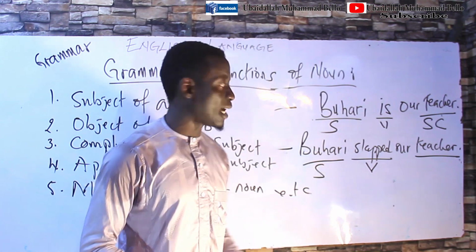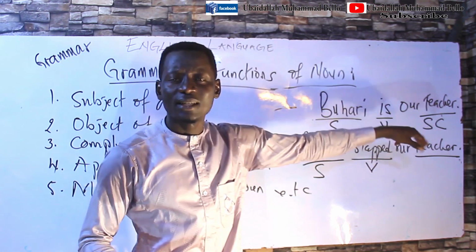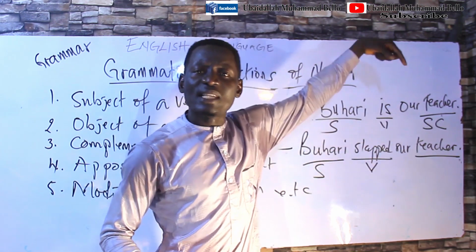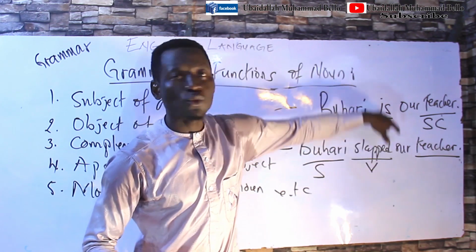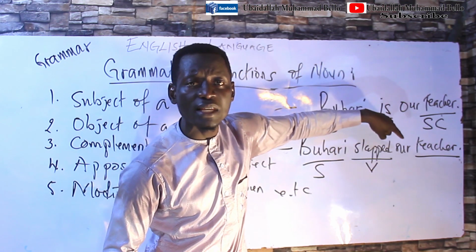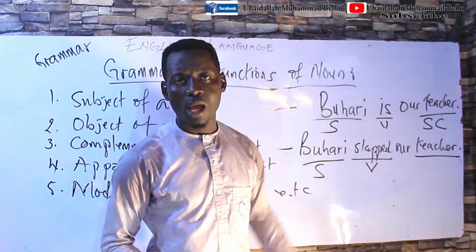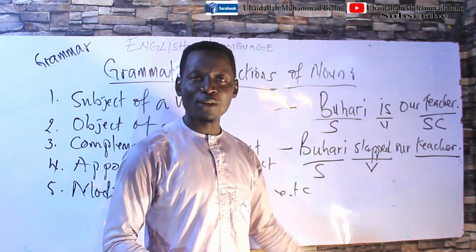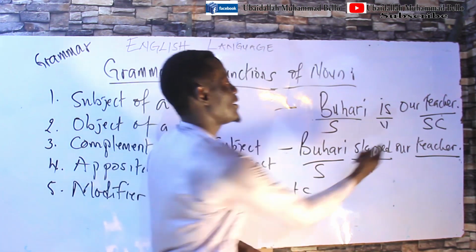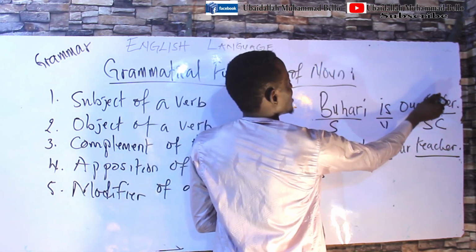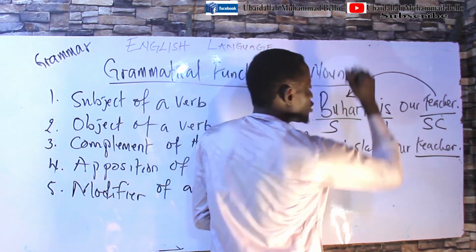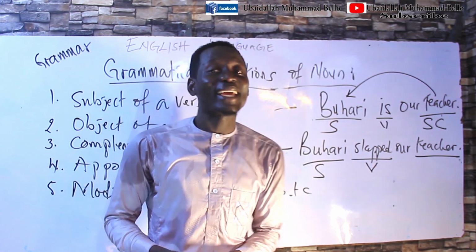In this second example, teacher is not performing the same operational function as in the first example. In the second one, it is not referring you back to Buhari like this one. Here, Buhari is our teacher. Teacher here takes you back to who Buhari is.